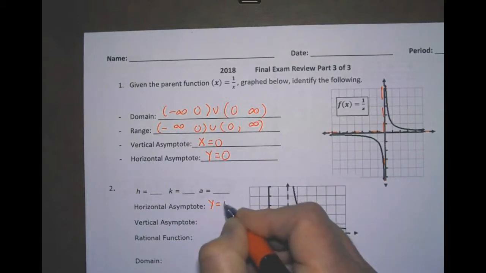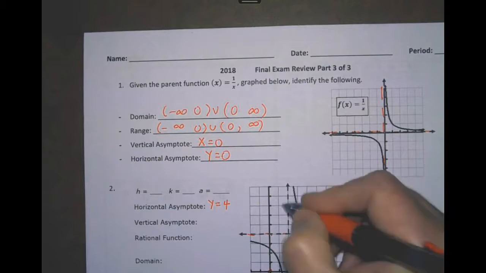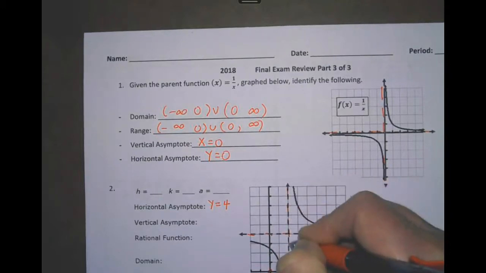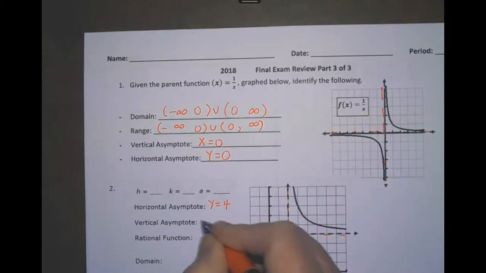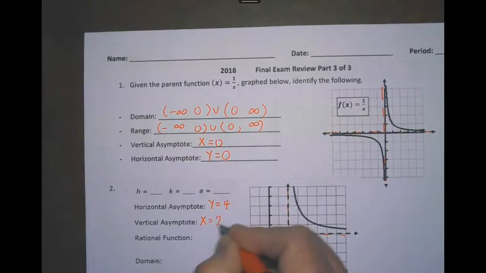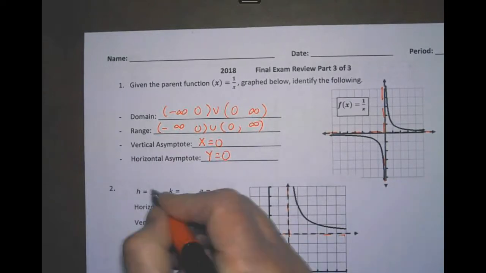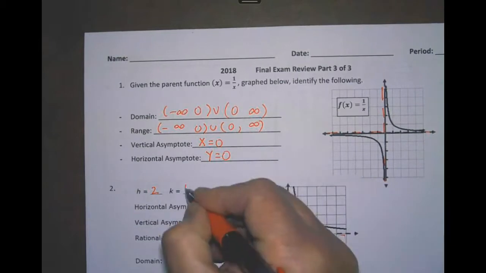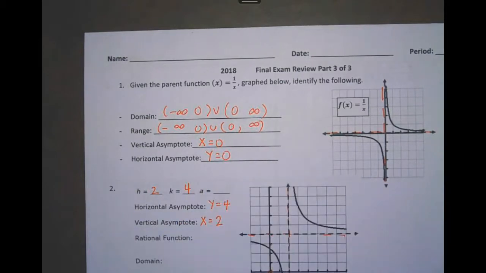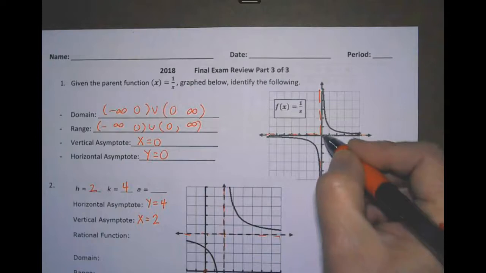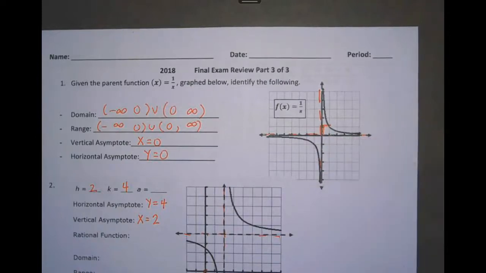Y equals 4. The vertical asymptote crosses the x-axis at 2. That makes this 2, that makes this 4. The parent graph goes up 1 over 1.